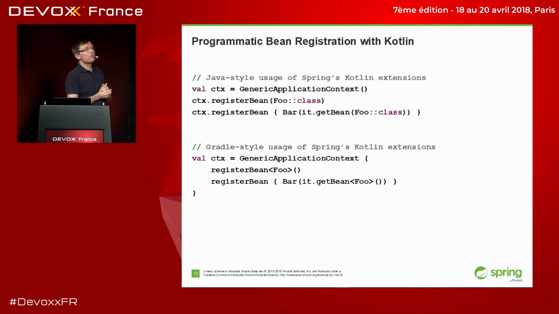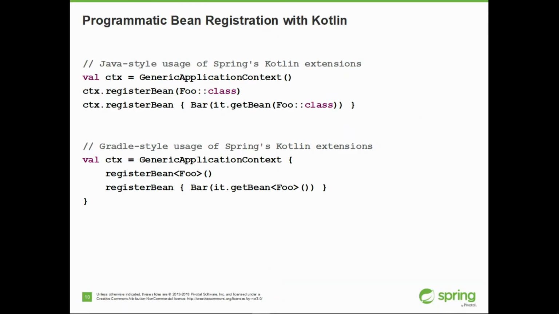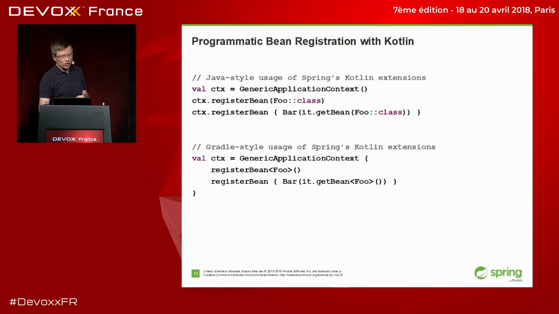Now, what does this look like with the Kotlin extensions? The Kotlin extensions on GenericApplicationContext are, as mentioned, picked up automatically by the Kotlin compiler. So just do this in a .kt file and compile it, and you will be able to express yourself a little bit differently, like in what I'm calling Java style above here.